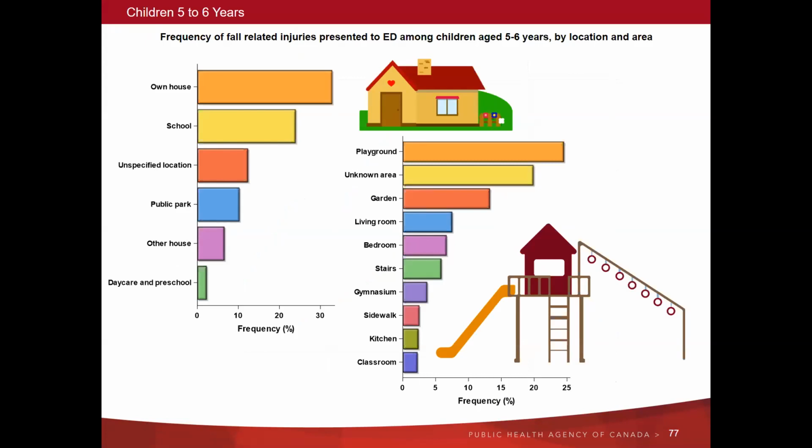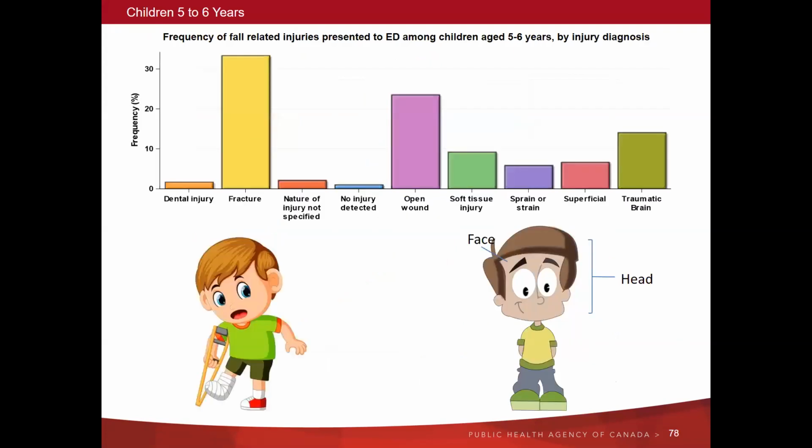However, we do see the playgrounds overtake the living room as the most frequent area of injury. The head and the face continue to be the most common injury locations on the body, but rather than open wounds, fractures become the most common injury diagnosis.